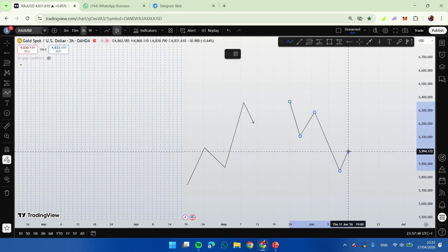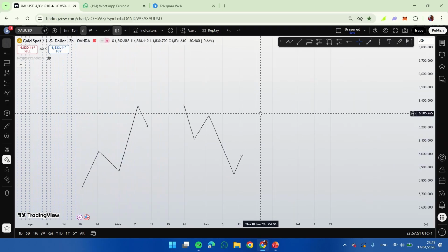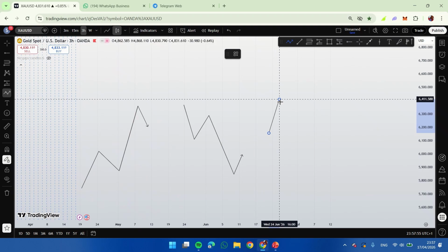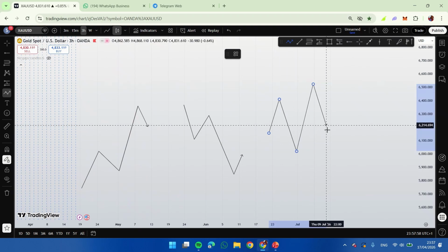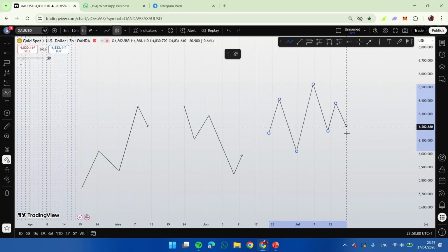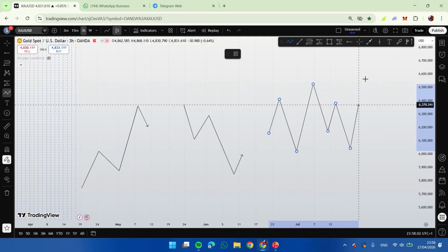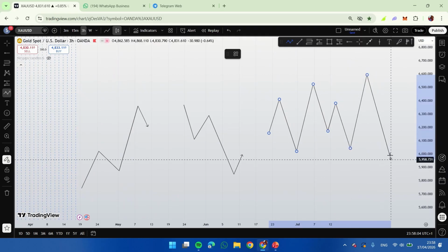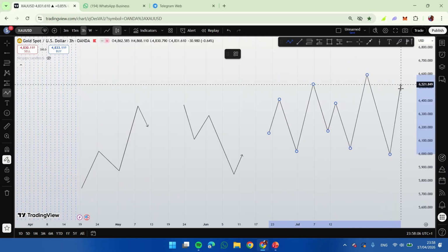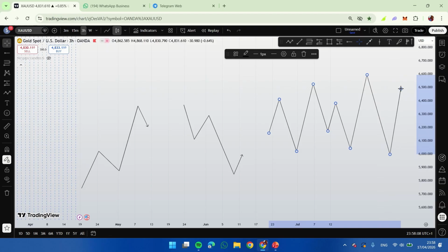And the consolidation market is when the market is moving sideways, right? You don't have a direction, right? So these are the two scenarios at which market moves: in a trending market and in a consolidation.